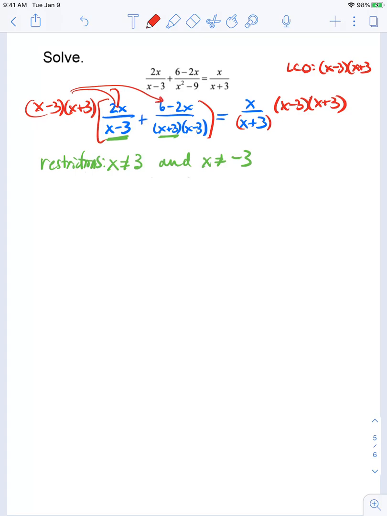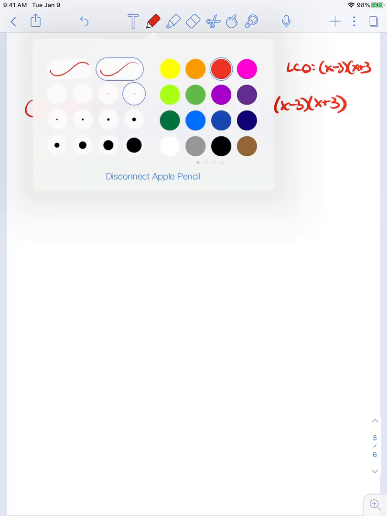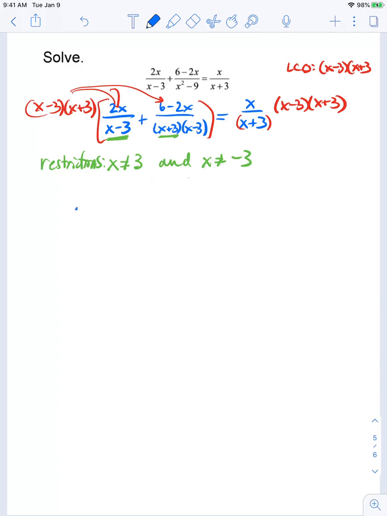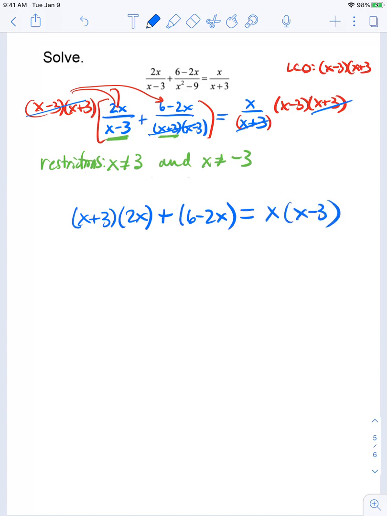In the first term, the x minus 3's cancel. So you're left with x plus 3 times 2x, plus, and in the second fraction, both terms cancel out of the denominator, and you get 6 minus 2x. On the right side, the x plus 3 cancels, so you're left with x times x minus 3.